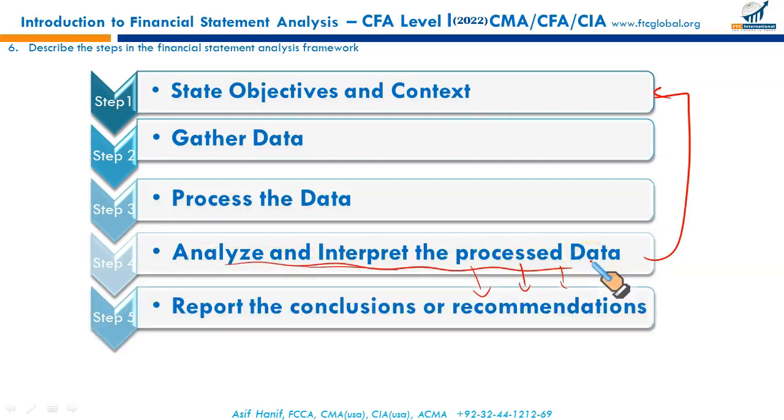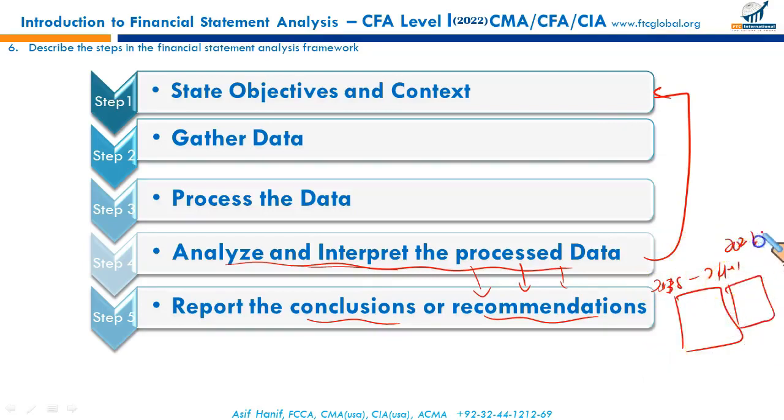Once it is decided, then we draft our conclusions and recommendations in compliance with the codes and standards that might be relevant. For example, we have conducted a financial statement ratio analysis for the last 2 years, 2018-19, for example, and we want to compare it to the next year, 2020-2021.